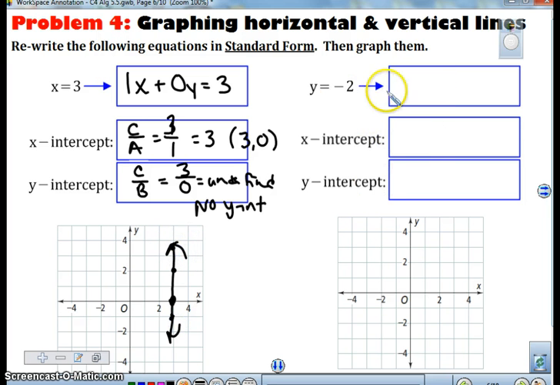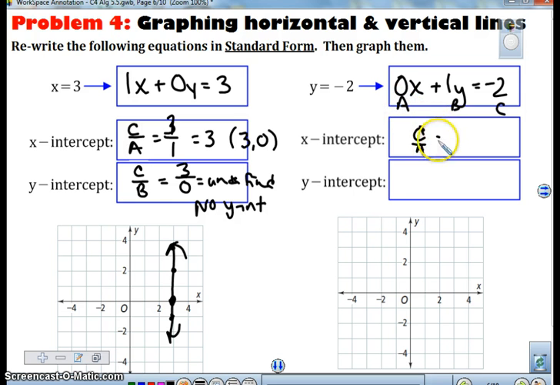How do we graph y equals -2? Again, think about it this way: 0x plus 1y equals -2. Thinking of our a being 0, b being 1, and c being -2. What is our x-intercept going to be? We want to take c and divide by a.